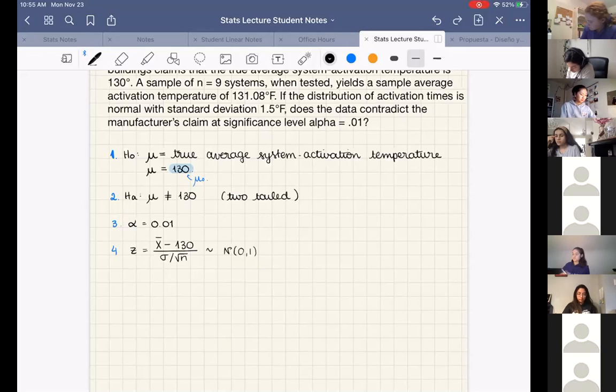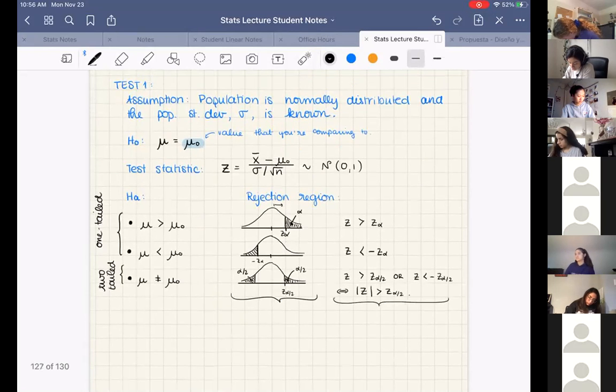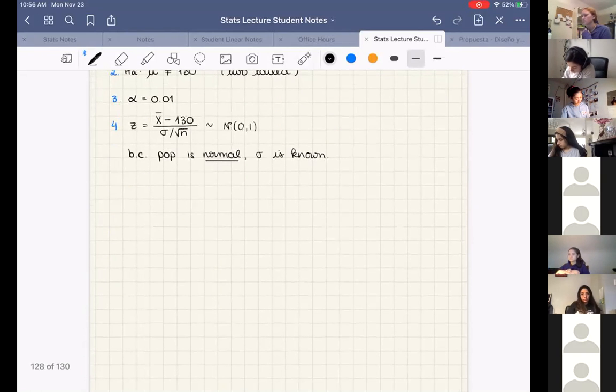And so the justification for this distribution is that the population is normal and the standard deviation is known. So I am checking essentially that the assumptions for this test are satisfied. Okay, so because the population is normal, blah, blah, blah.